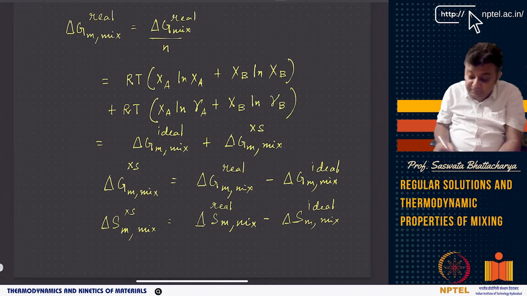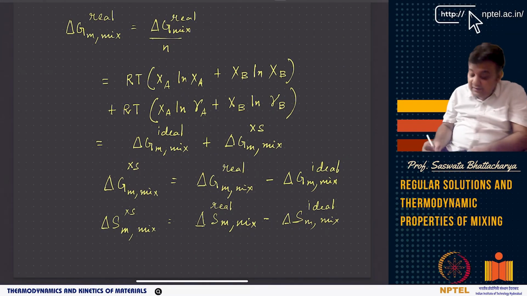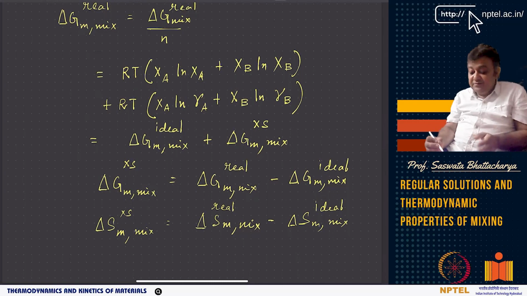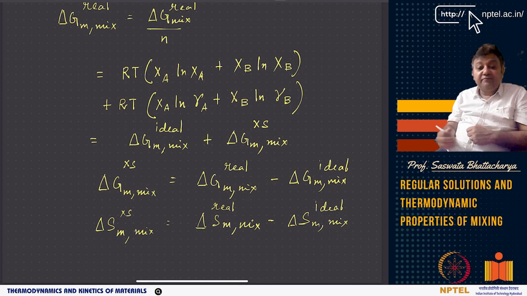Now as you know, delta Gm mix real, the molar free energy of mixing for a real solution, is nothing but the total free energy of mixing for the real solution divided by the total mole number, right?